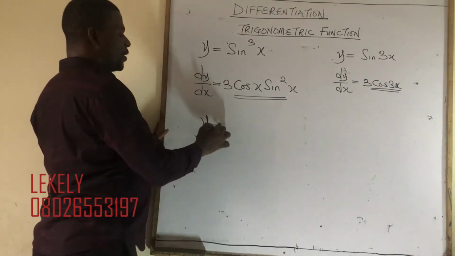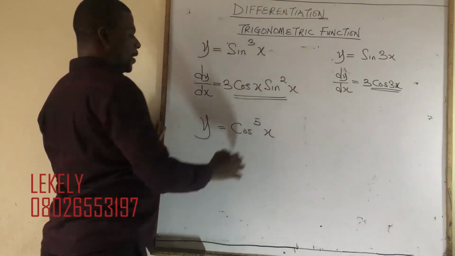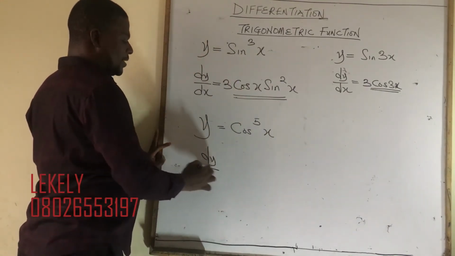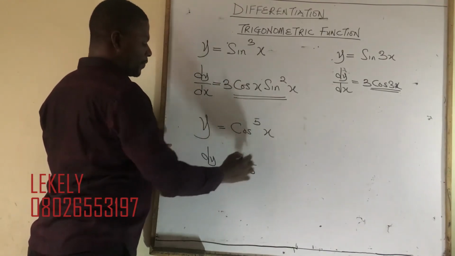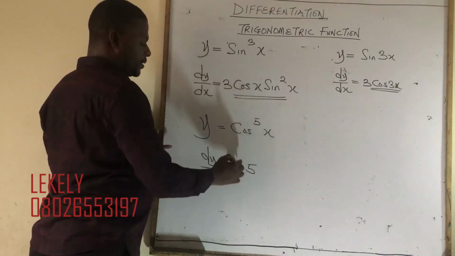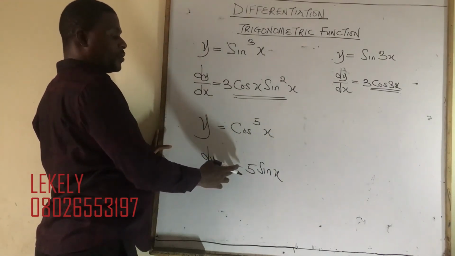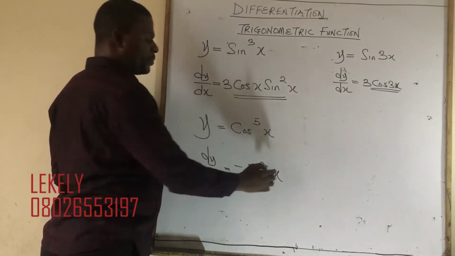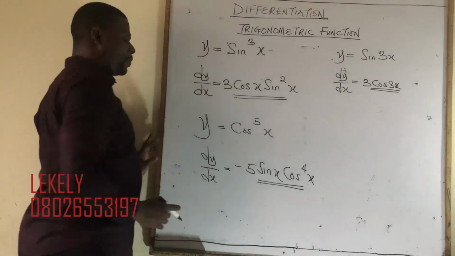So it means if I have y equals to cos x power 5, my dy dx is going to be bring down the 5, differentiate cos x, minus sine x. I told you always bring the minus to the far back. Then minus 1 from the 5, you are going to have cos x raised to power 4.